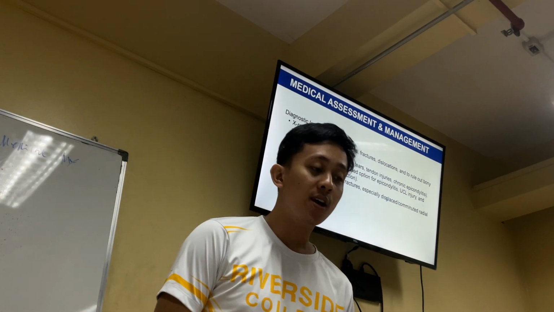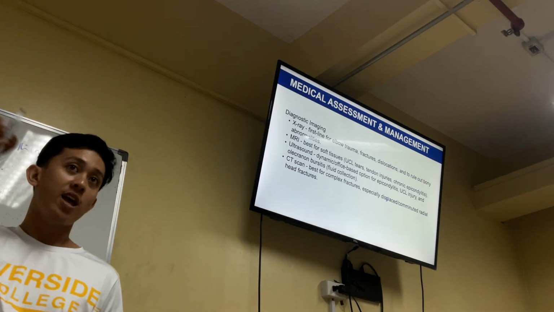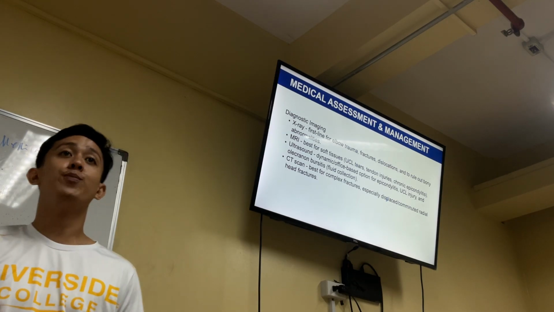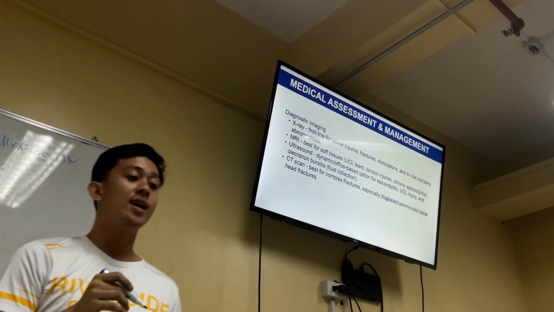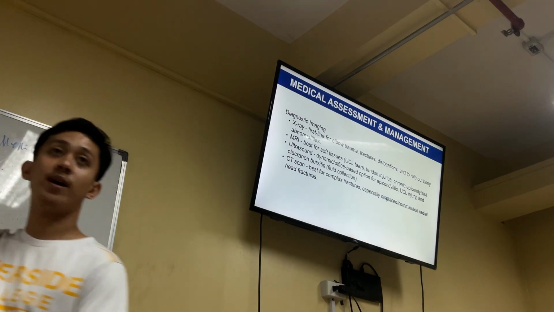And your CT scan is for more complex fractures. If it can't be read on your X-ray, if it's a more complex fracture or bony problem of the patient, you can opt for the CT scan. Okay? Any questions with the medical assessment?